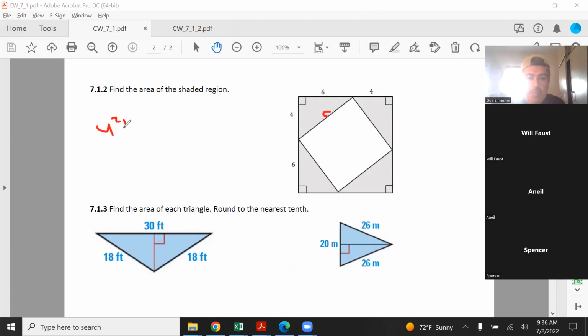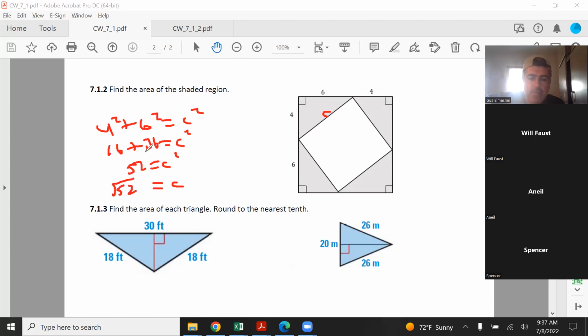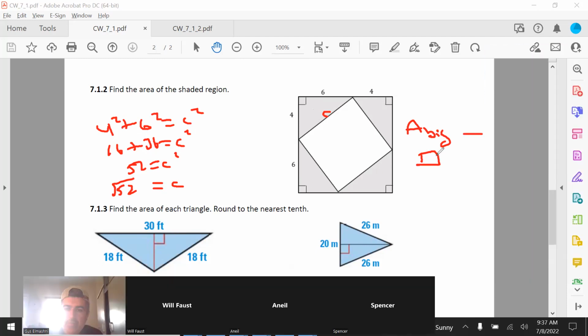So 4 squared plus 6 squared equals c squared. That'll be 16 plus 36. 52 is c squared. C is root 52. Now, this shaded region is going to be the area of the big square minus the area of the small square.